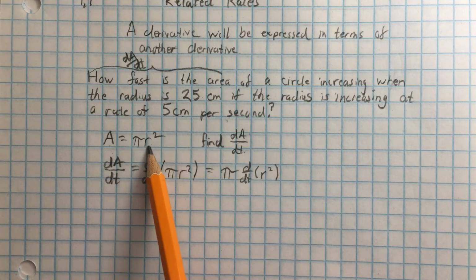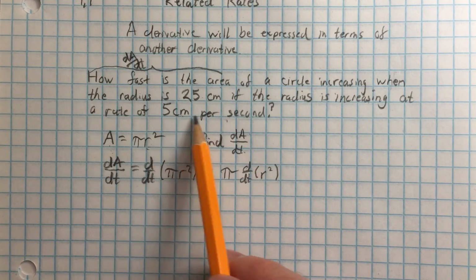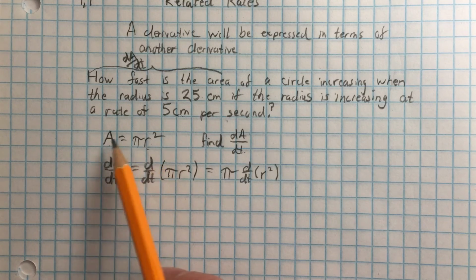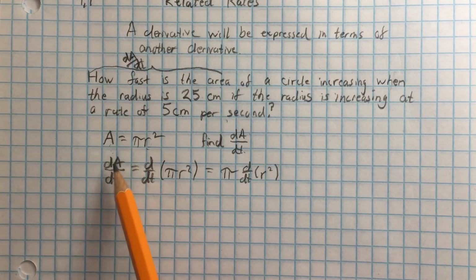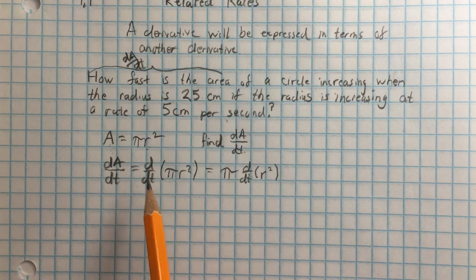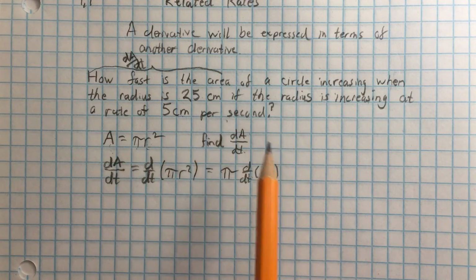As the radius changes, and we said it is changing at this particular rate, the radius is changing, so this is not a constant here. And the area is changing, that's not a constant. So these two derivatives, dA dt, and then the derivative applied to r squared are not trivial. They're not zero, per se. Pi is the only thing constant here. There's constant proportionality between the area and the radius.